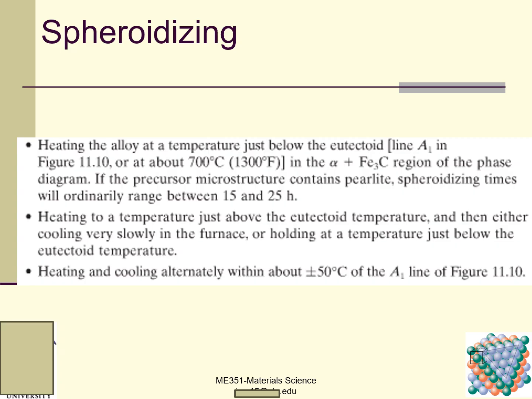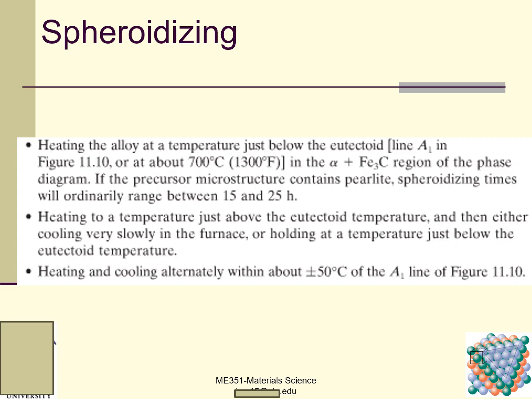This is at about 700 degrees C in the ferrite plus cementite region of the phase diagram. If the precursor microstructure contains pearlite, spheroidizing times will ordinarily range between 15 to 25 hours.